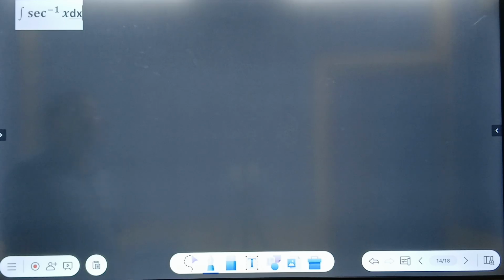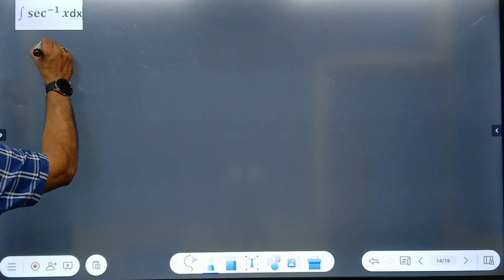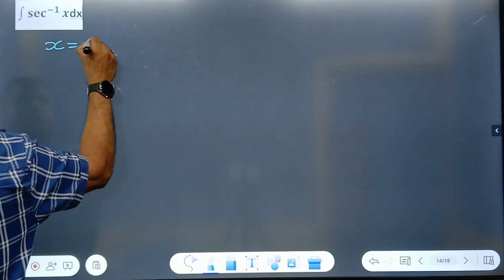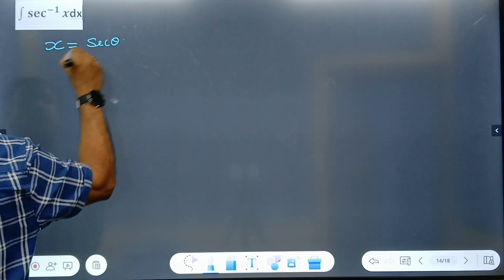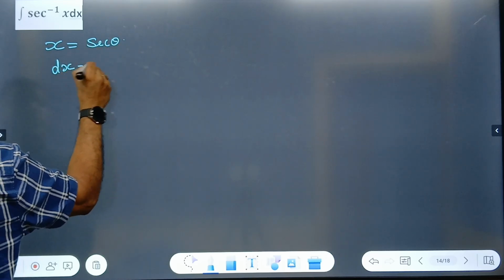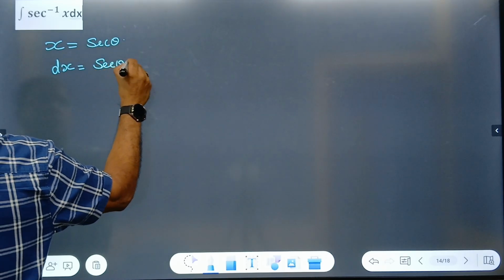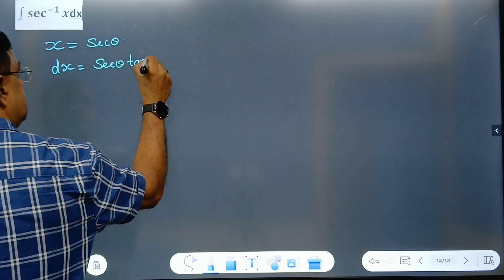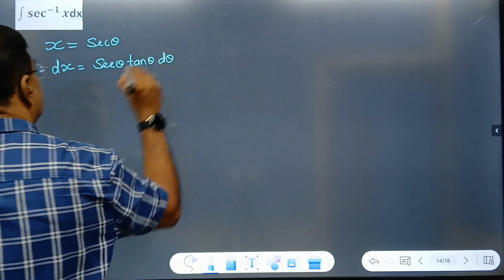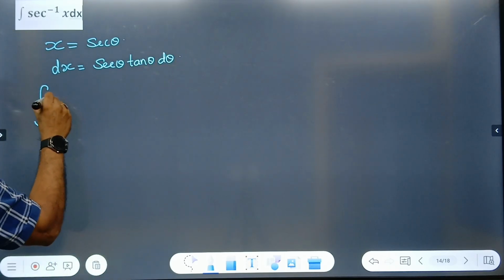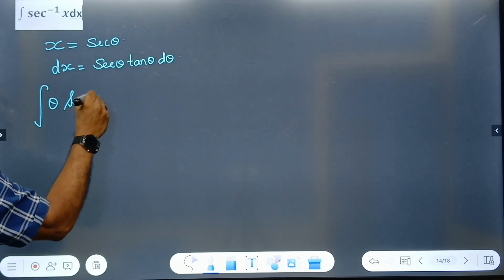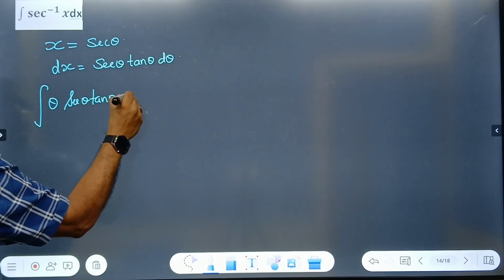Integration of secant inverse of x dx. Here, as usual, I'll put x equal to secant theta. And dx is secant theta tan theta d theta. So I get integral theta secant theta tan theta d theta.